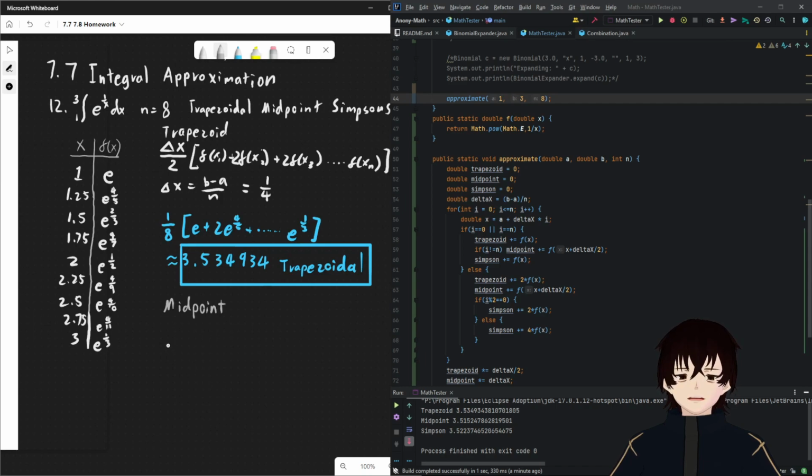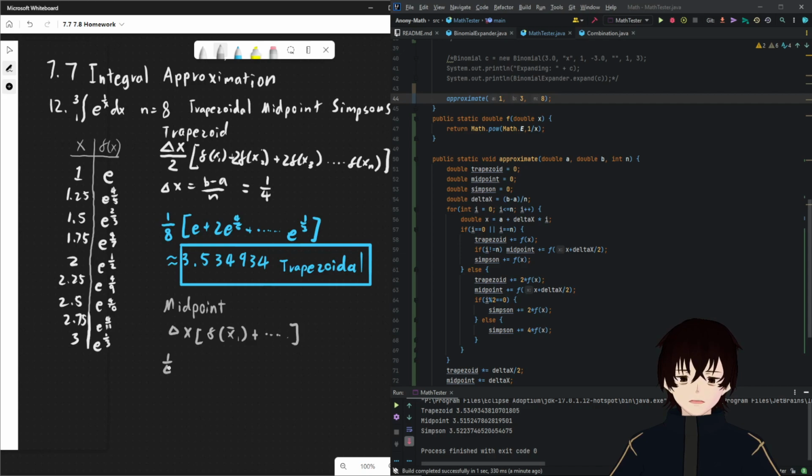Midpoint. That is going to be delta x times f of midpoint 1 plus and so on. And that is going to be equal to, we should probably write a little of this out.